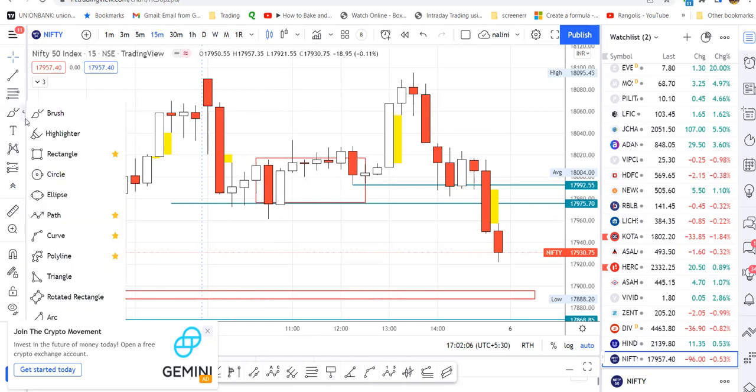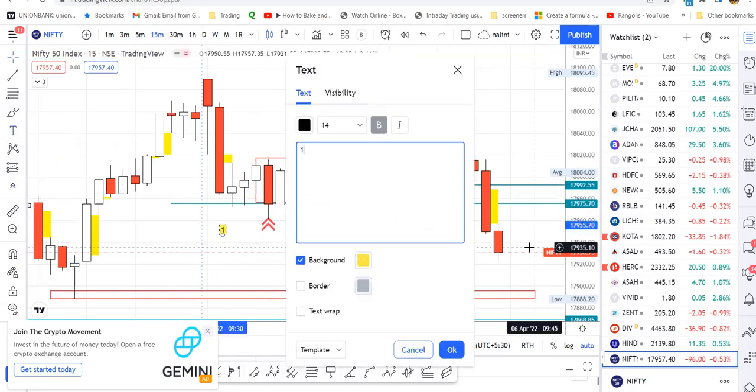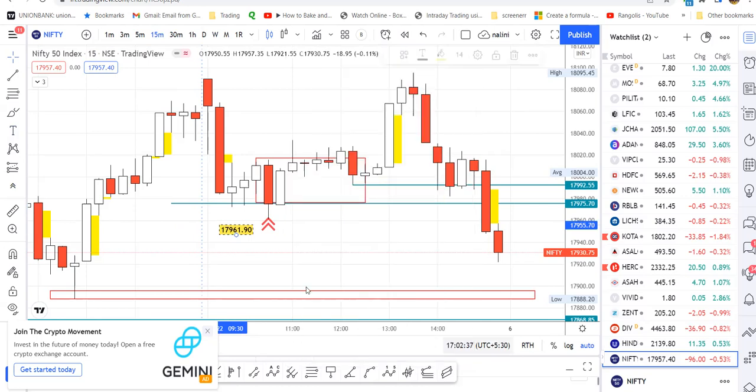Usually I mark the low of this candle. The low of this candle, that is 1 minute, is 17,961.10. 17,961.90, this was the low.